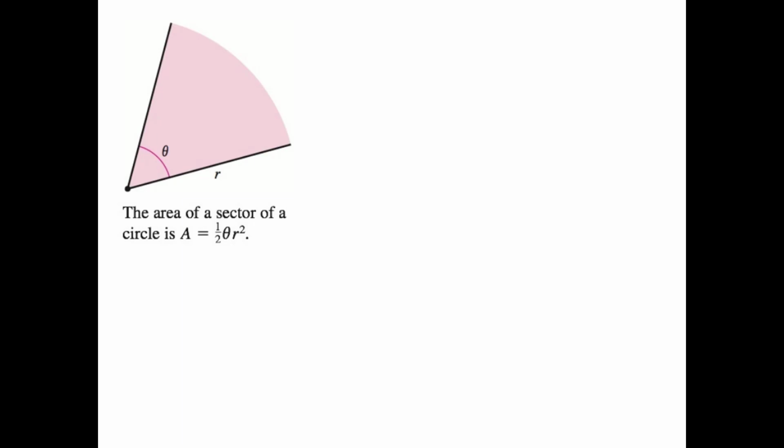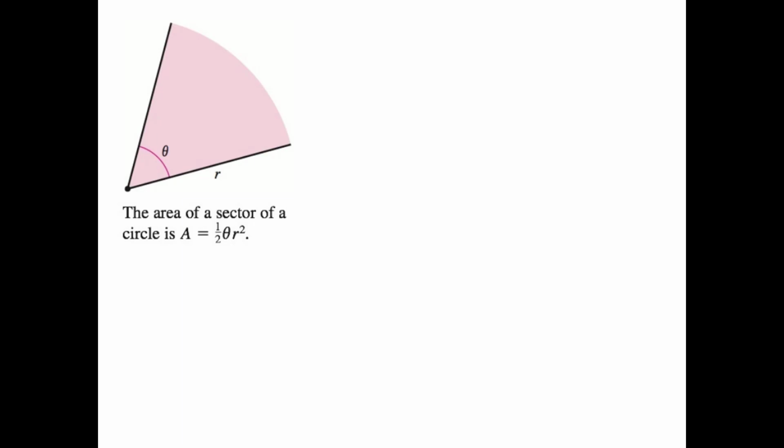Okay. Next, we're going to move on to trying to find the area under a curve that is generated by a function where r is a function of theta, right? Now, we're going to need the formula for the area of a sector.